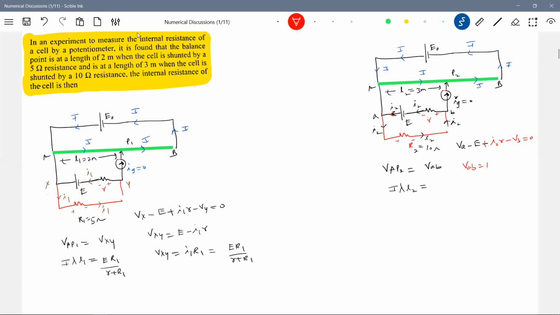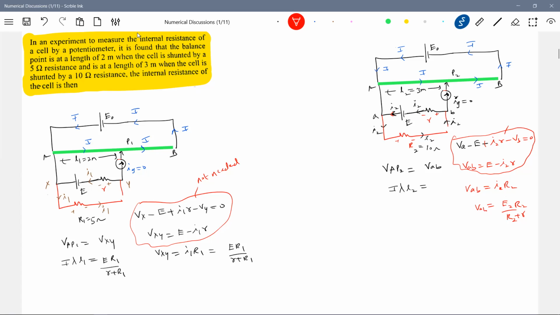So VAB equal to E minus I2R. And in turn, VAB is equal to I2 into R2. This equation may not be needed. Just for your convenience, I brought it, like this, just applying KVL, KCL.